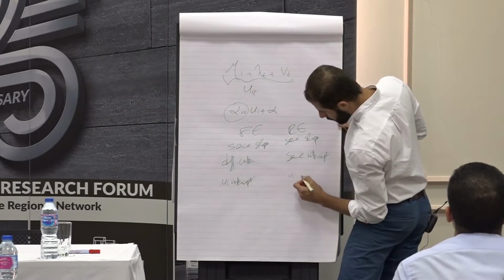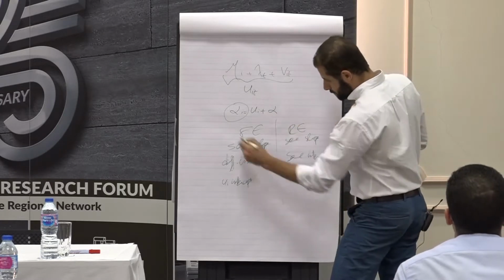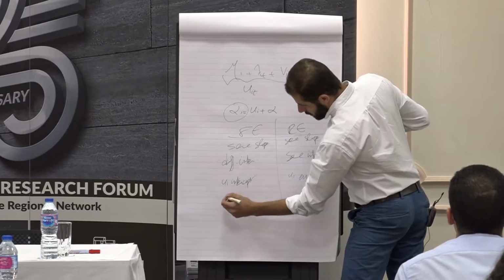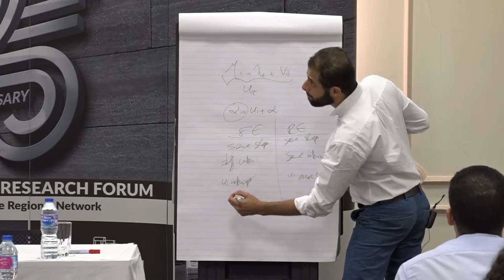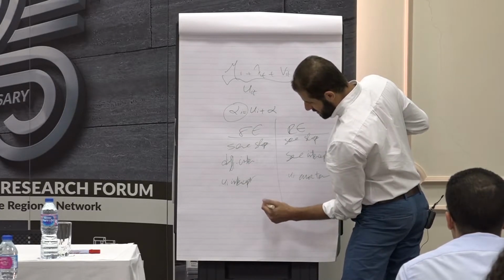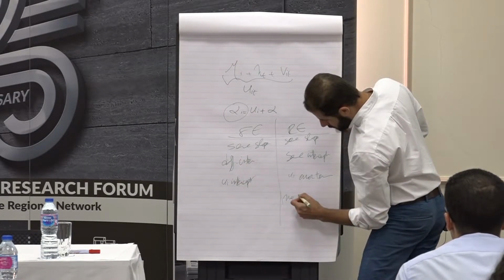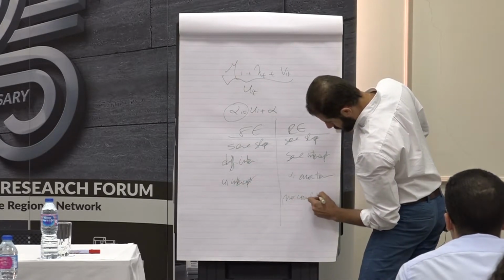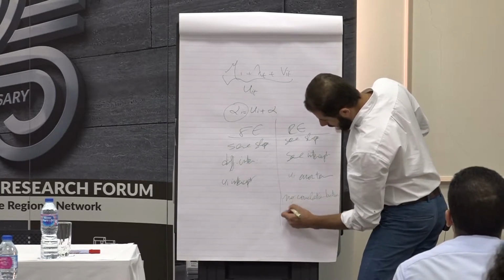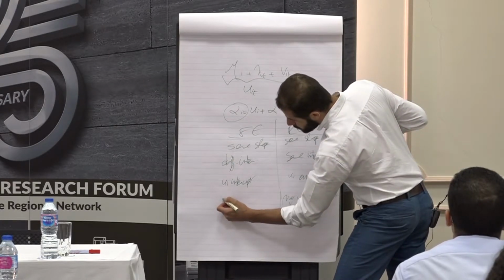Here, random effect: same intercepts, ui is part of my error term. Here, no correlation between X and ui, and I don't have this assumption in the fixed effect.